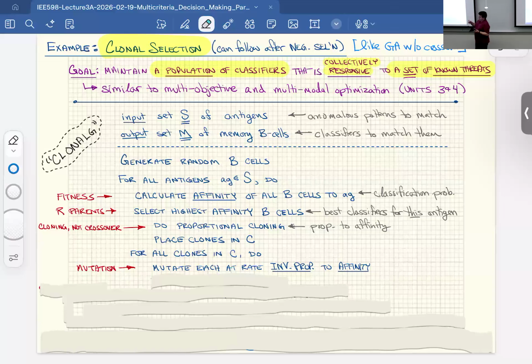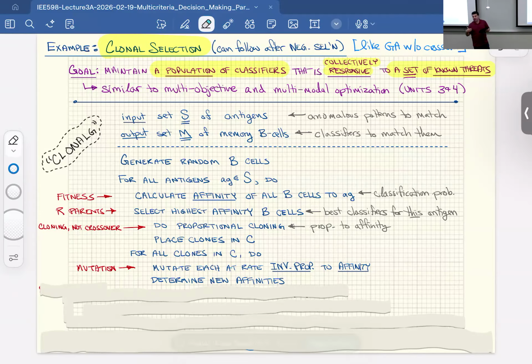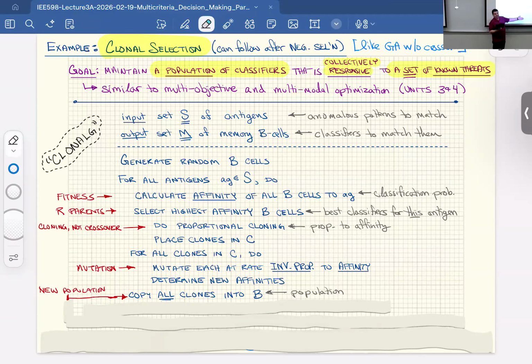So now we've got a bunch of these clones, and we are going to determine affinities of these new clones that we generated from mutation. And then from there, we're going to take all the clones that we generated and copy them into B, our latent population of antibody candidates.